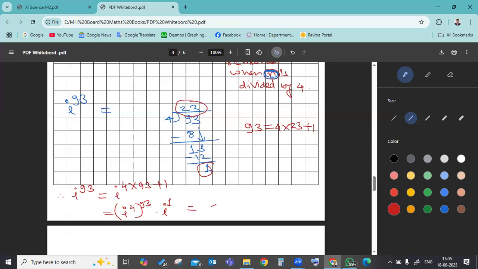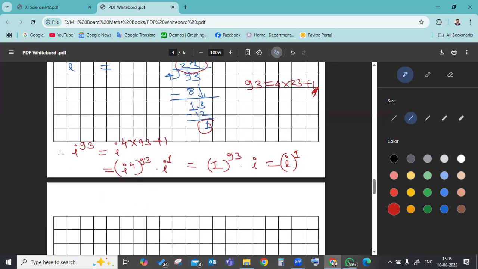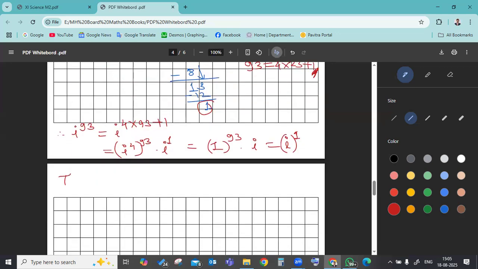So this becomes 1 raised to 23, because i raised to 4 is 1, into i raised to 1, which is i. 1 raised to any number is 1. So we get the first power of i, which is nothing but the remainder power of i.